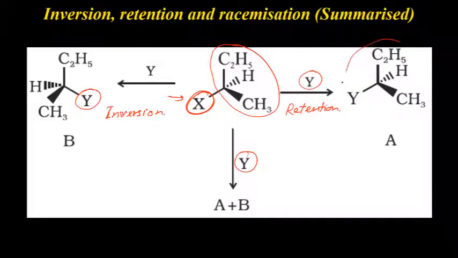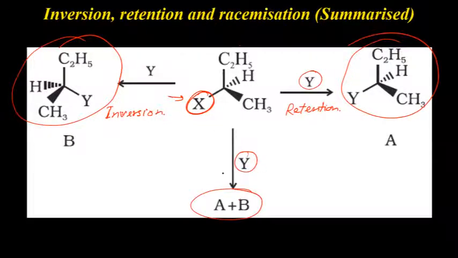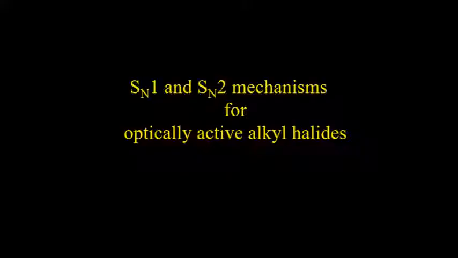You have A as well as B, 50% A, 50% B. That is racemization. I'll tell you shortly when racemization will happen. So that's what we are going to talk about.